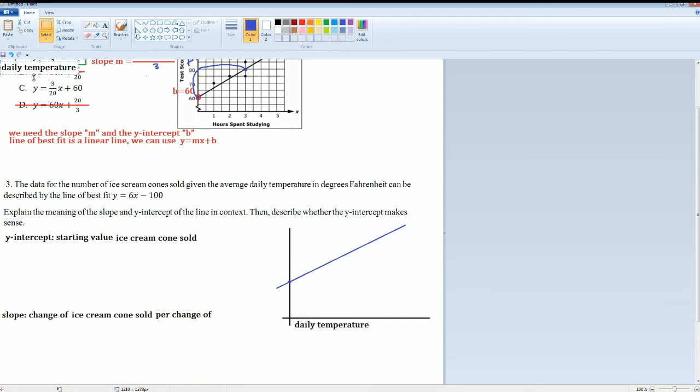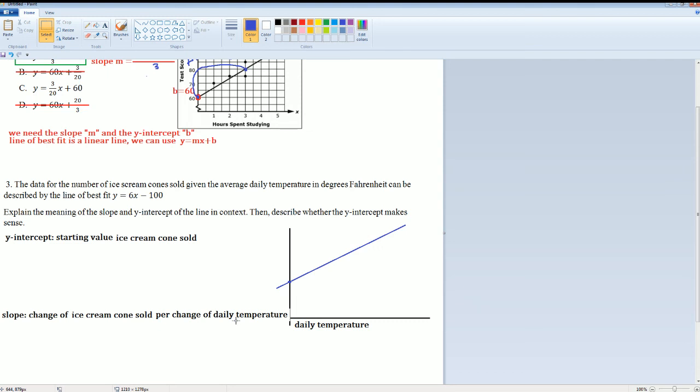There you go. So you can say the slope is the change of ice cream cones sold per change of daily temperature. In correct grammar, it would be the change in the amount of ice cream being sold per the change in temperature.